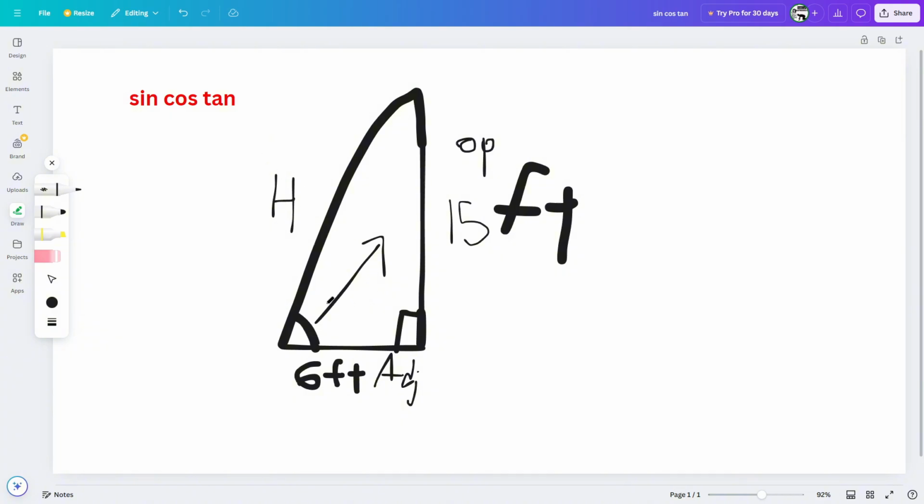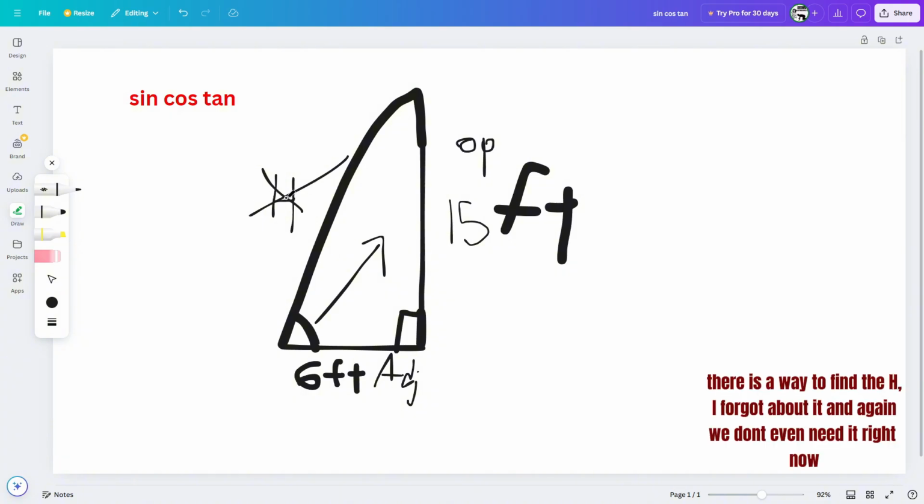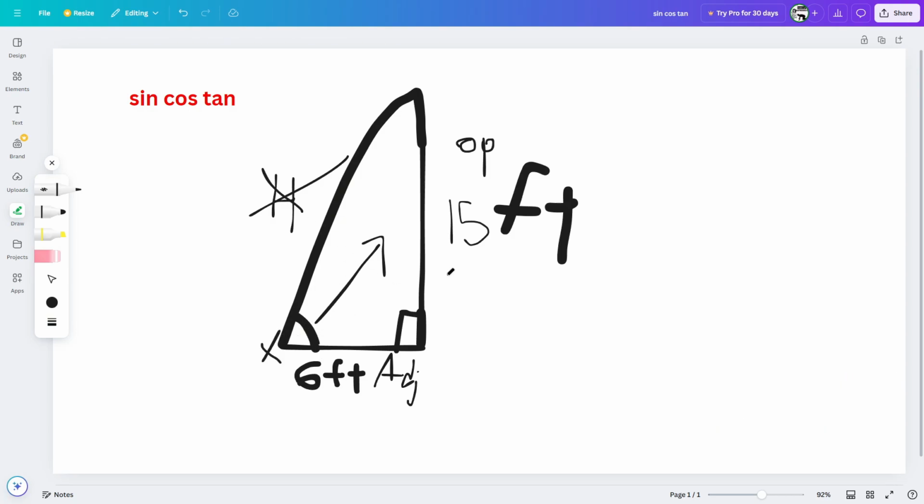We're not using the hypotenuse because there's no number for it, and we're not trying to find it, we're trying to find the angle. Let's call this X.